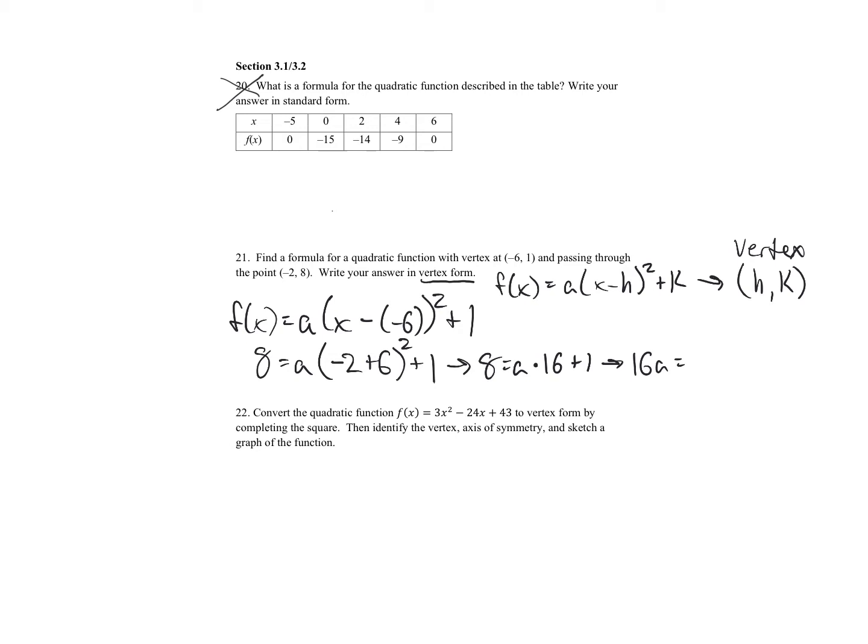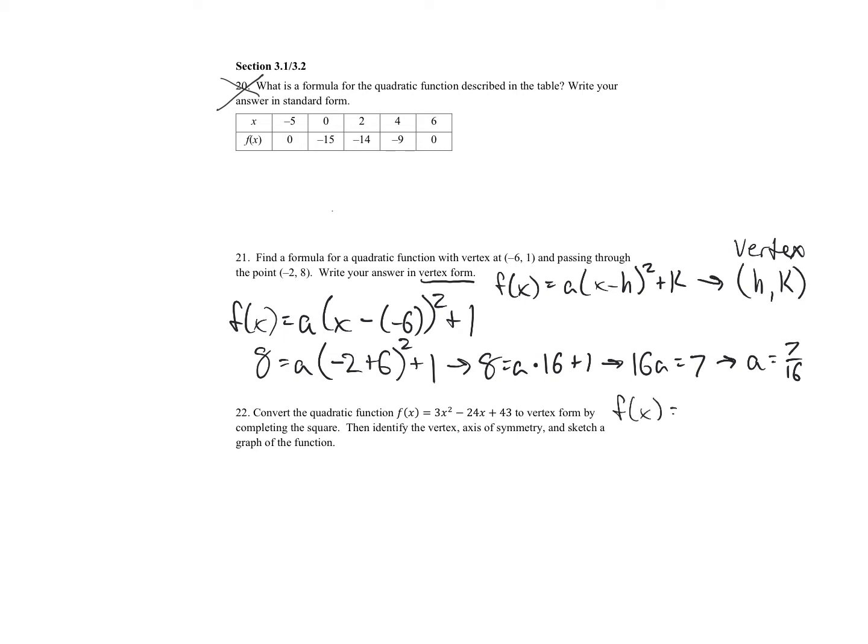So 16a, and then on the other side will be 7. So I subtracted the 1 out of the 8, and then divide that 16 away from the a, and we get a equals 7/16.